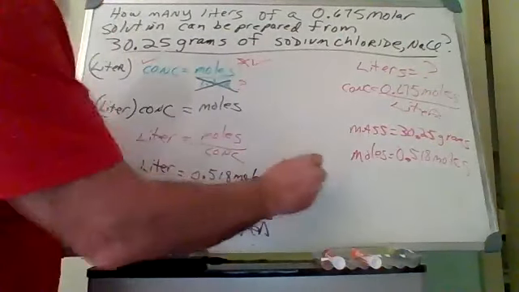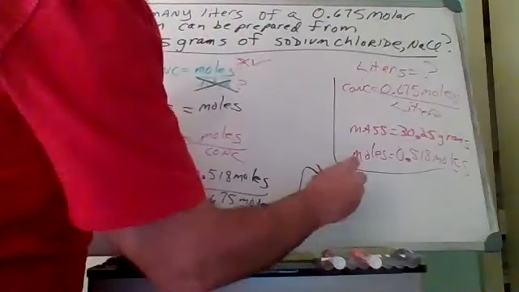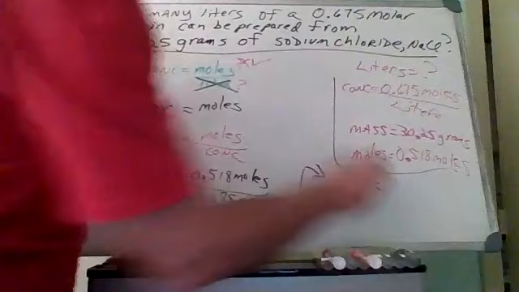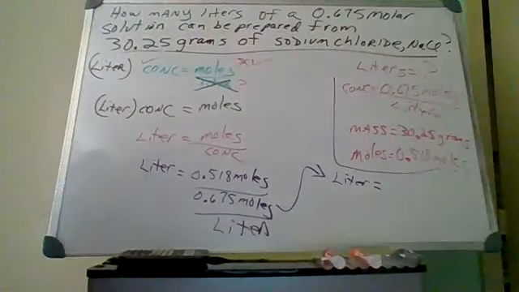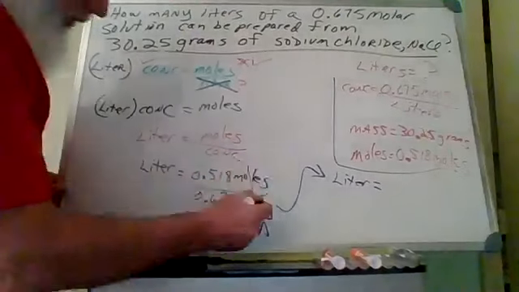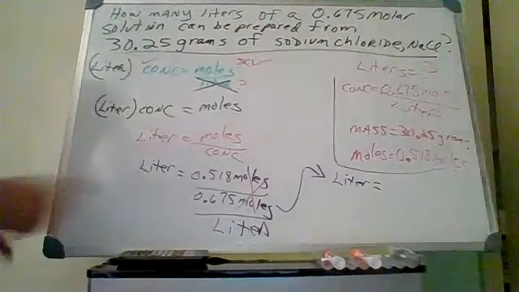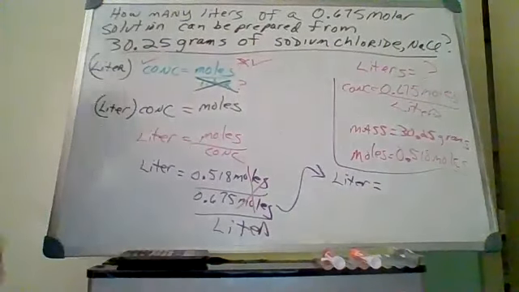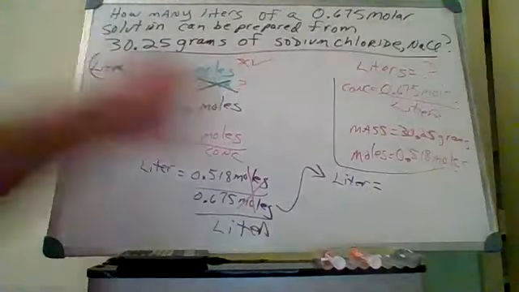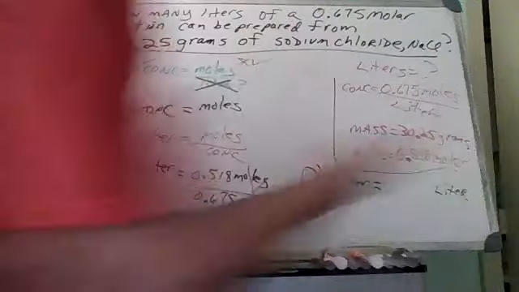All right, and again, I'm going to bring it up here because I have run out of room. So liters equals. Now, I'm going to go ahead and cancel these moles here. We're not going to do the A over B over C over D. We just did that on the last problem. Remember, this is C over D, so that means the liters will come up into the numerator. So I can go ahead and write liters as my unit on the right-hand side. So liters equals liters.